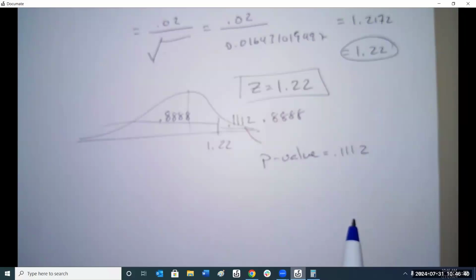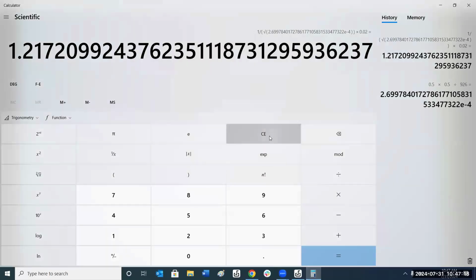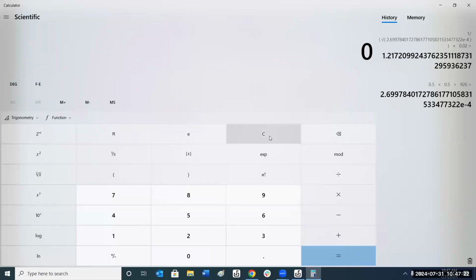Let me try something real quick. So we have 0.52 times 0.48 divided by 926.